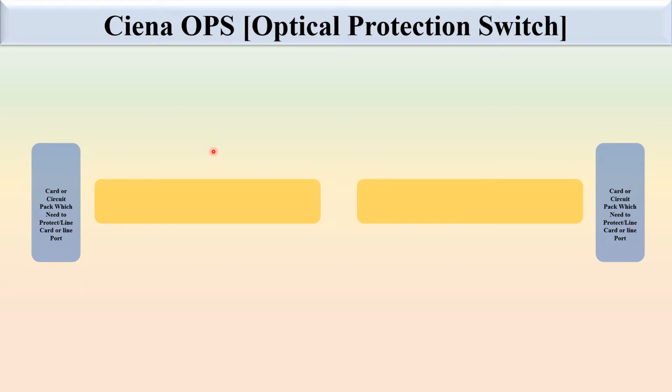Ciena OPS optical protection switch. Suppose this is the card or circuit pack which needs to be protected, the line card, or you can say the line port, and this is the pair of OPS. This is the OPS, this is the OPS. This is from the A end, this is the configuration from the B end. You can see here these are the ports.